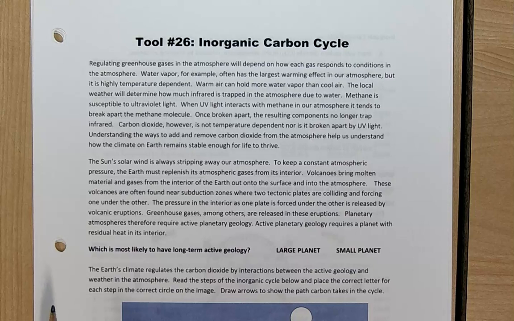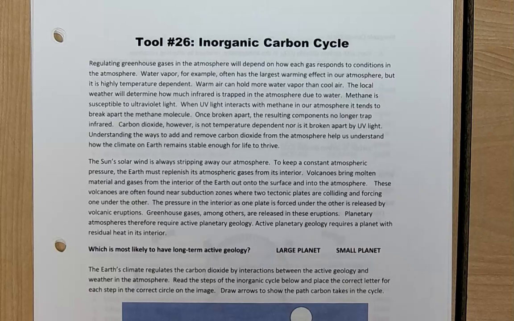First and foremost, the inorganic carbon cycle is how carbon cycles around a planet by chemistry and geology. A planet needs to be geologically active in order to keep the carbon cycle going.